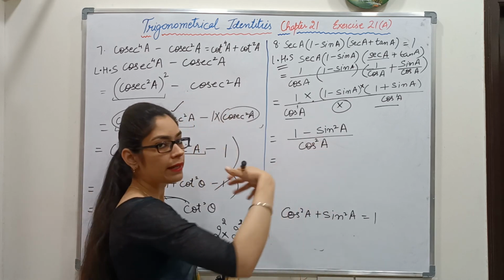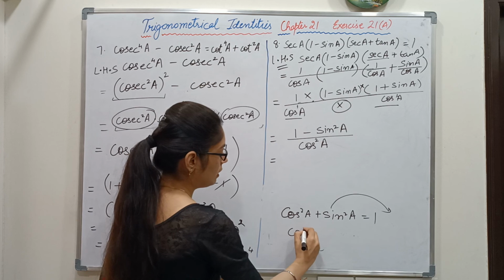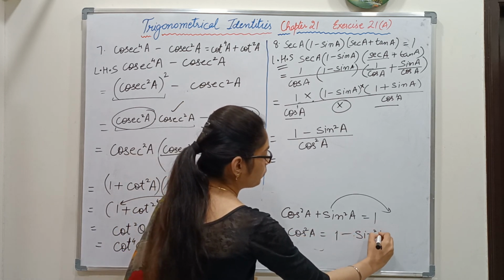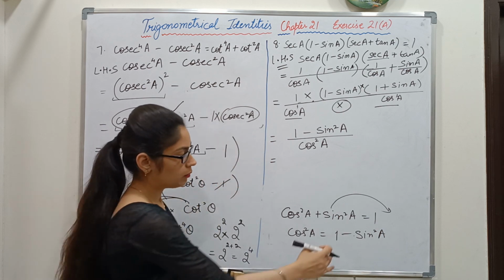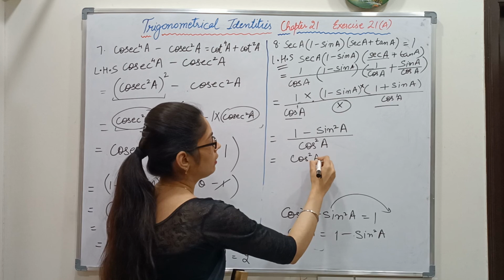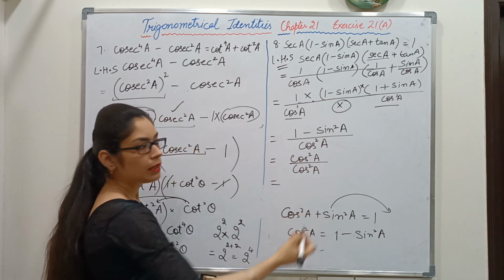Now we have 1 minus sine square A, so sine square A we shift to the other side. This tells us that 1 minus sine square A equals cos square A, so we get cos square A by cos square A.